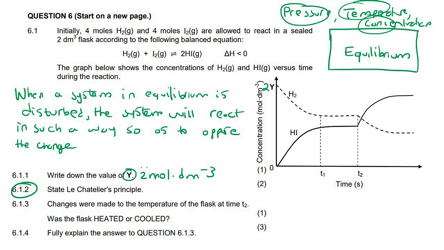So if someone increases the pressure, the system will try to decrease the pressure. If someone increases the temperature, the system will try to decrease the temperature. If someone decreases the concentration of one of the substances, then the system will try to increase the concentration of that substance, and reaches a new equilibrium.